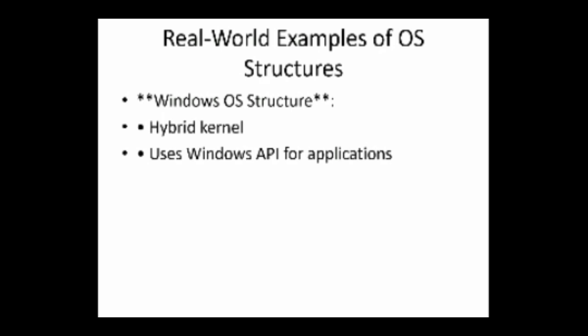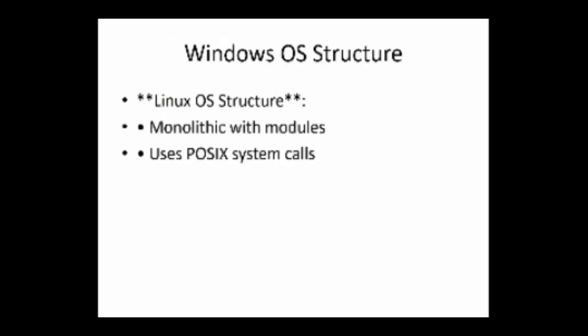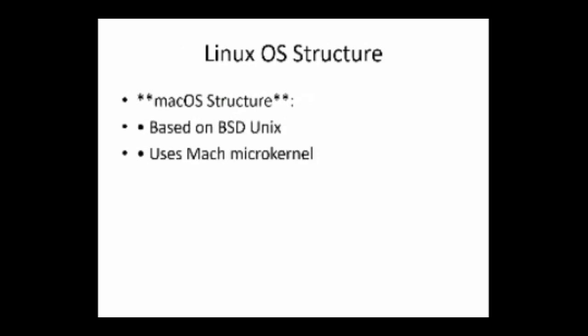The real world examples of OS structure. The OS structure in the real world can be explained through the hybrid kernel, for example the Windows API for applications. I also use Windows, so it's an example of a hybrid kernel. Next, Linux OS structure.